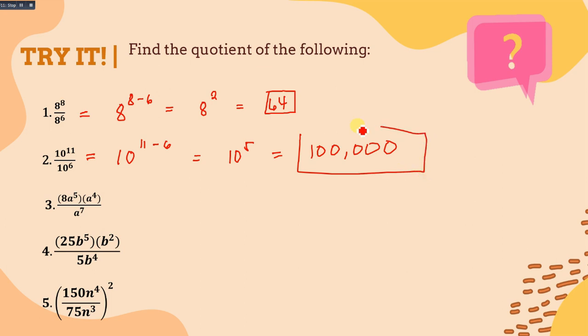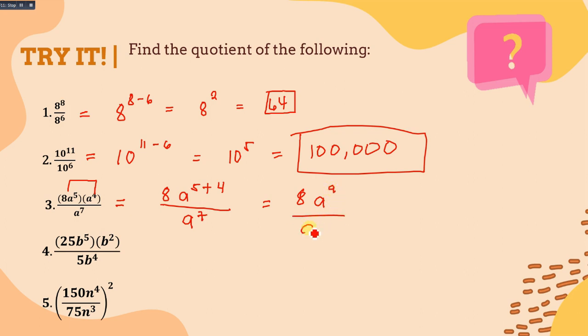So next, we can now apply the product rule and the quotient rule here in example number 3, wherein we multiply first 8, then a raised to 5, and based on the product rule, we add the exponent. So 5 plus 4, and then all over a raised to 7. So this will become 8, and then a raised to 9, and then over a raised to 7.